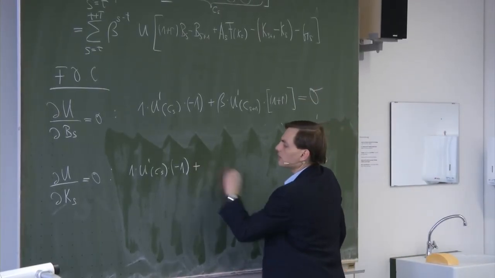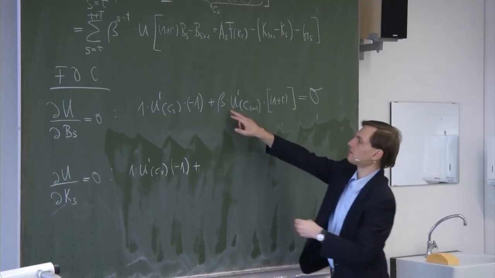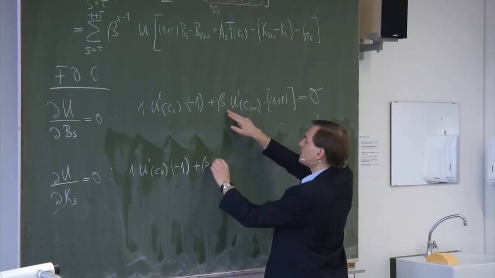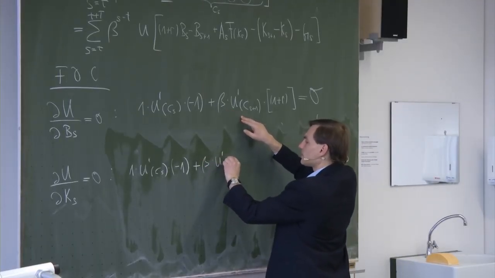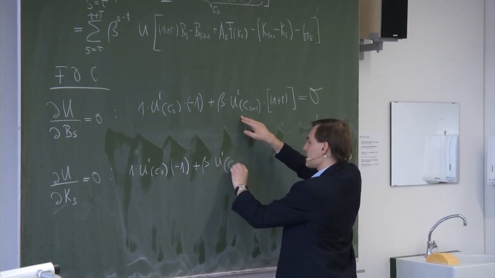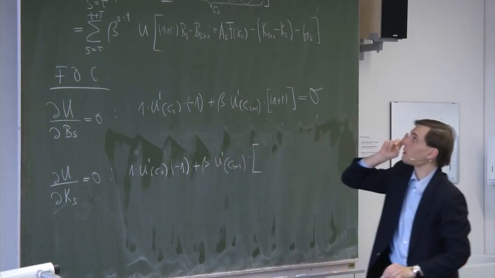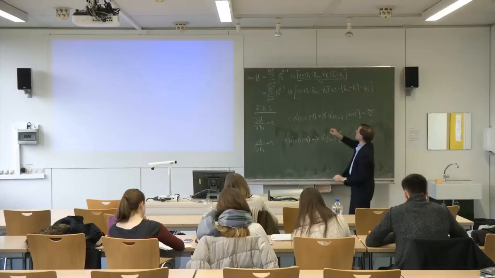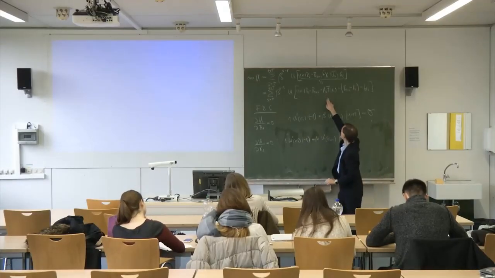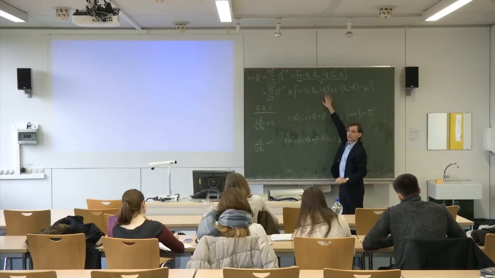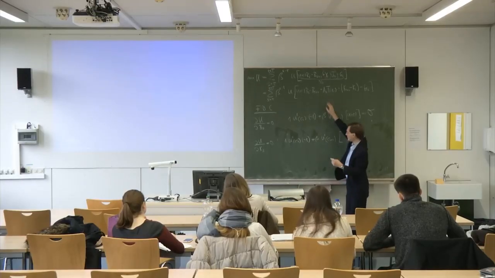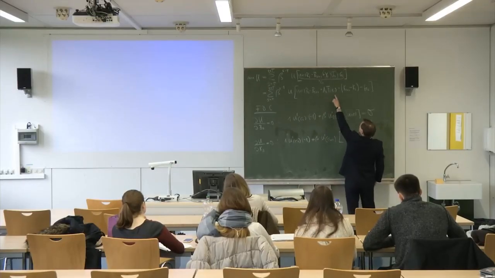Then we continue, plus next period. In the next period, we have again the beta. We have again the derivative of the utility function at s plus 1. And now we calculate the inside derivative. Because here is capital, I have to calculate this derivative.